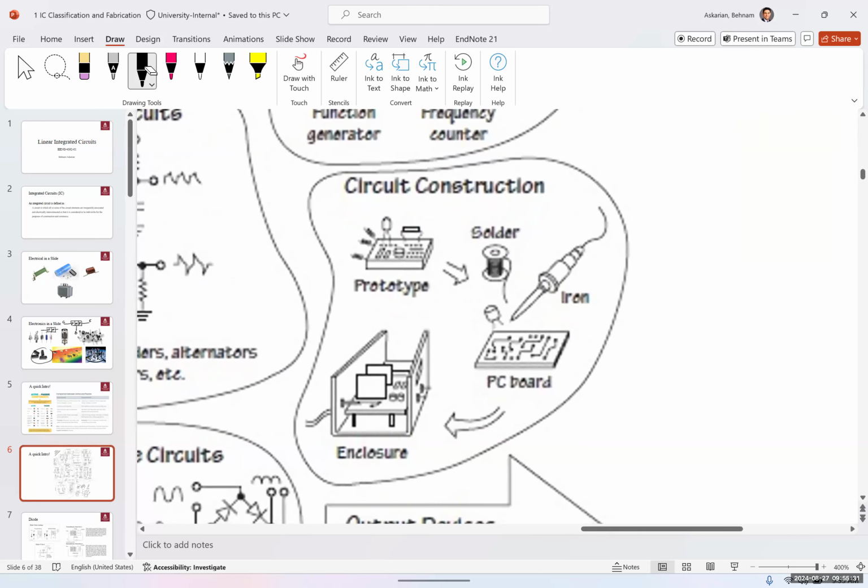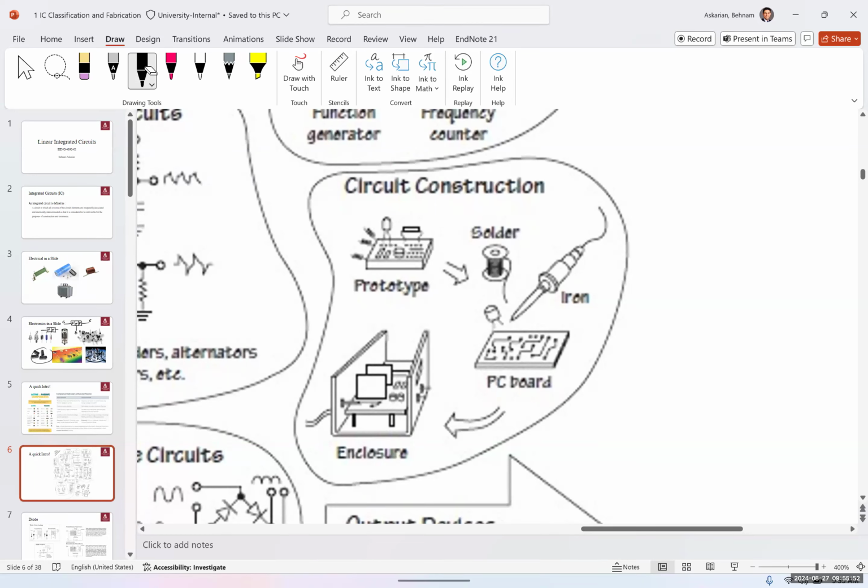So the way that we design and construct circuits is usually we design them on software. First prototype is usually on a breadboard, and I'll explain, and we will go through labs. Those who had already electronic lab with me are familiar with breadboards, but we will go through all of them again.